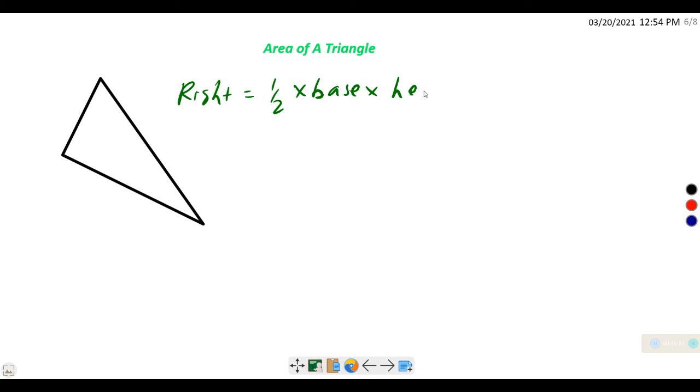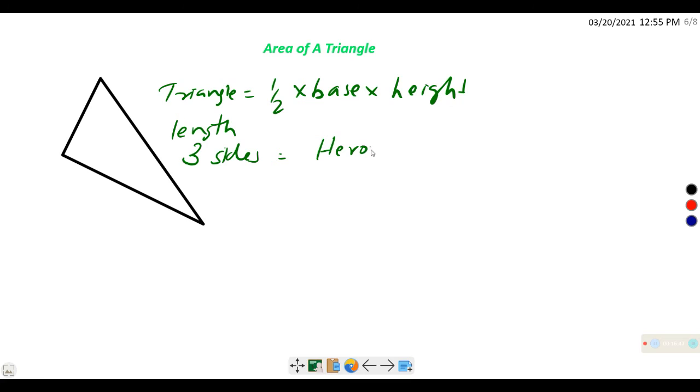This base into height will change into the product of sides in the case of a right angle. Both are almost the same. This formula is clear to you, but this formula may not always be easy to apply. I mean, the information will not always be given. Sometimes it so happens that the lengths of the three sides of the triangle will be given. Then there is a formula. The formula is named Heron's formula.